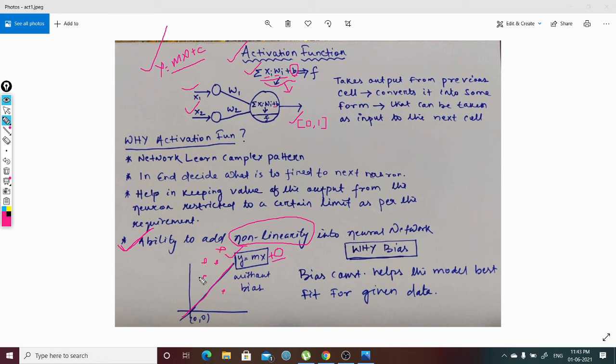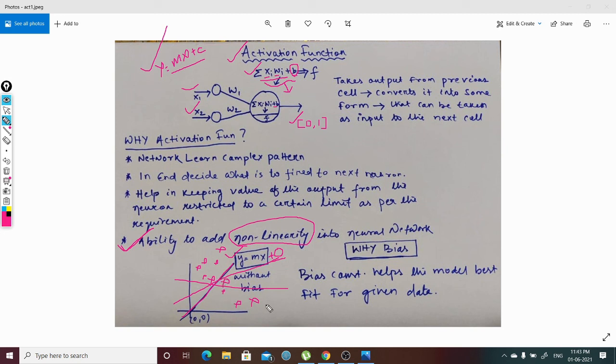If the line always passes through the origin, it is not possible to find a good pattern in our data set. So the line should be much more flexible. It can pass through like that, it can pass through like that, to segregate the pattern in the data set, right?